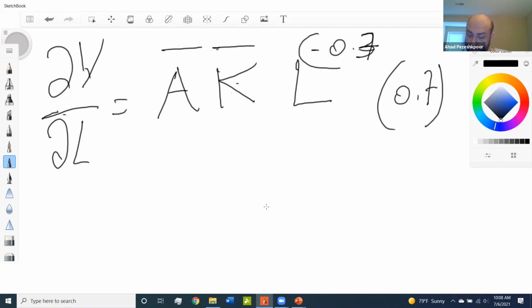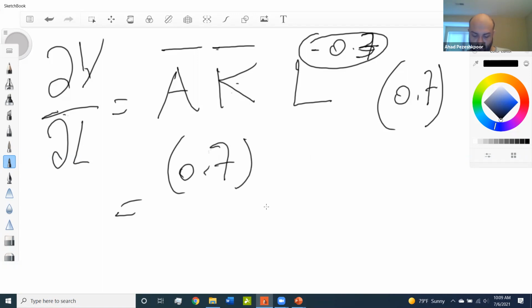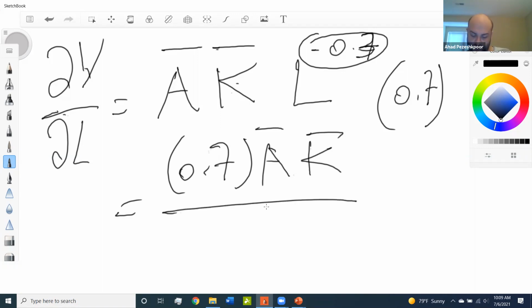Again, this is a minus, so it goes on the denominator, the same thing we talked about with K. It would be 0.7 multiplied by A bar, a constant number, K bar, another constant number, divided by L power 0.3.